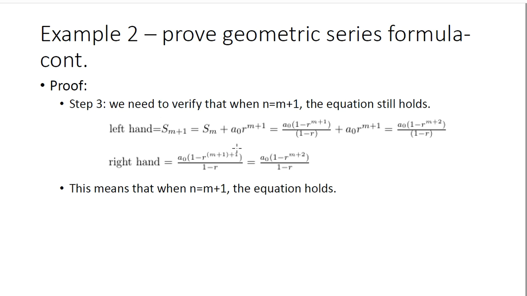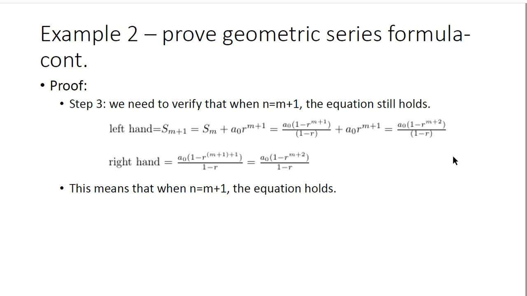So s sub m can be represented by this formula, right? Then we simplify this part. We will get the numerator a sub 0 multiplied by 1 minus r to the power of m plus 2, and the denominator is the same, 1 minus r.